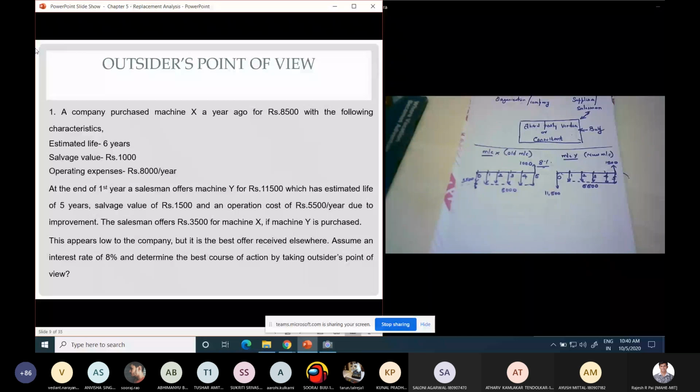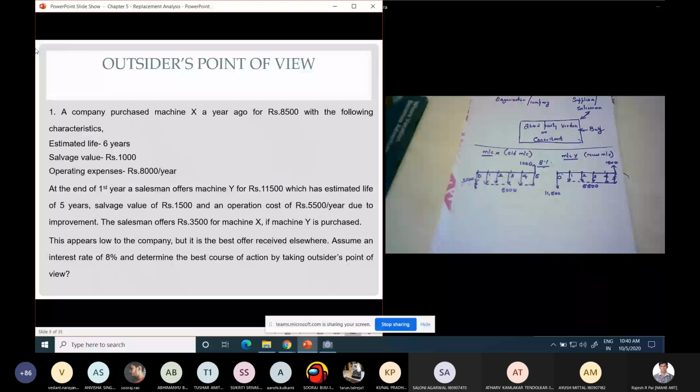So that value will be considered. Other than that, we have to consider it from the point of view of a consultant, as if the consultant or a third party vendor is going to buy the equipment.